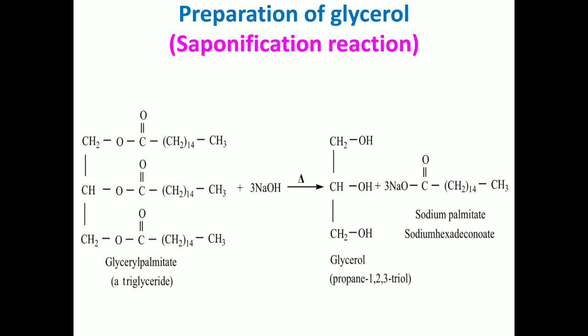Here the glyceryl palmitate, a triglyceride, on alkaline hydrolysis, that is reaction with NaOH, gives glycerol, that is CH2OH, CHOH, CH2OH. This is the molecular formula for glycerol. And sodium palmitate is the byproduct, which is used in soap preparation.